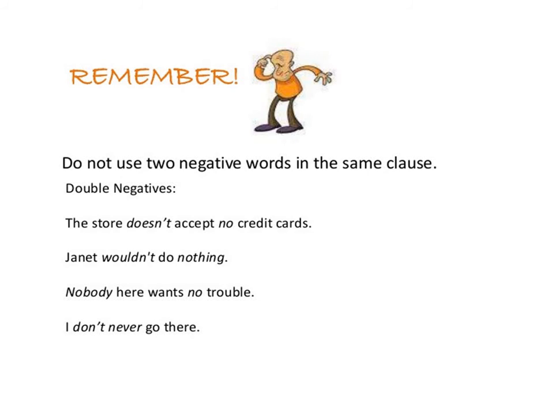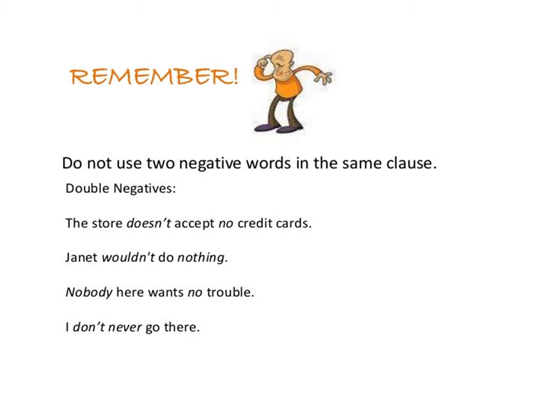But remember one thing: in the same clause, do not use two negative words together, which we call double negatives in English grammar. The store doesn't accept no credit cards. Does not is also a negation.